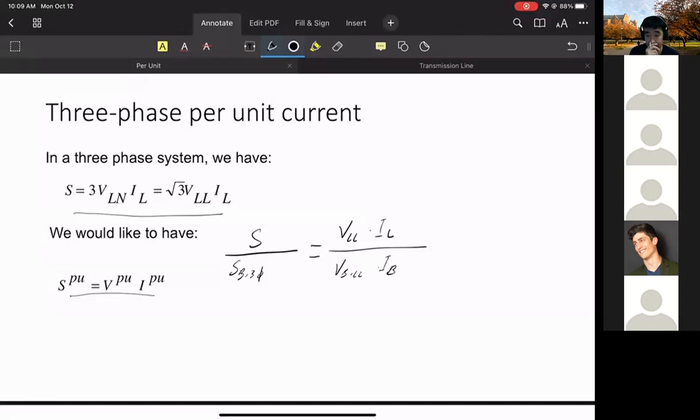So this is implied. So how do we choose the current? Well, we should choose this current base to be the power base over √3 times the base voltage line to line.